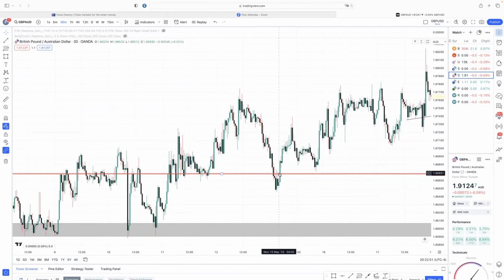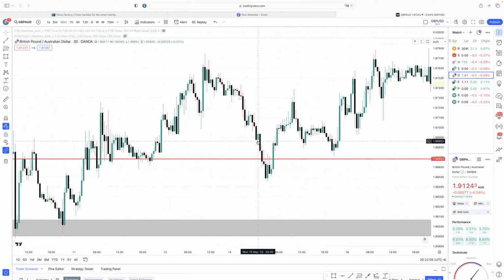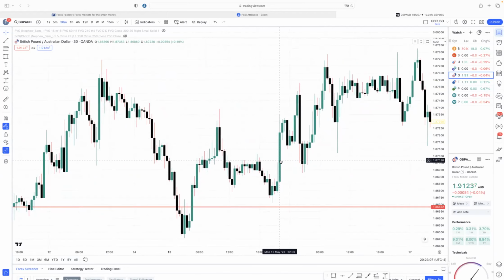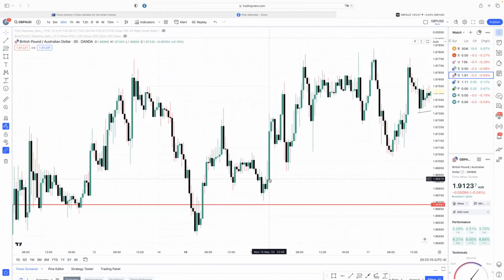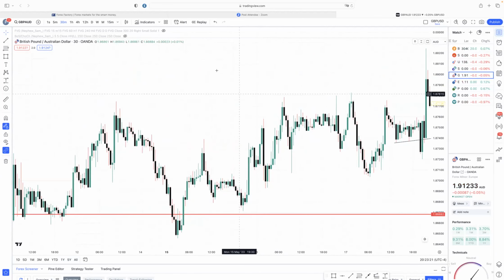Yep, and that was, I think, 9:30 at night. It was over here. Actually, it was here. It was 9 o'clock at night, or 10, I think it was 10 o'clock at night because of daylight savings time or whatever. So this was a trade that it gave. The range on the trade itself, I think, was like 700 pips, maybe a little bit more. 500 pips on that move.